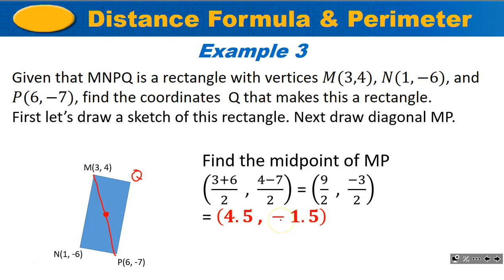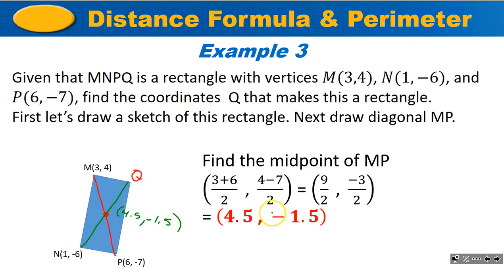Now I want to solve for the other endpoint, so I'm going to draw another diagonal here. This diagonal has the midpoint, 4.5 comma -1.5. That's my midpoint.